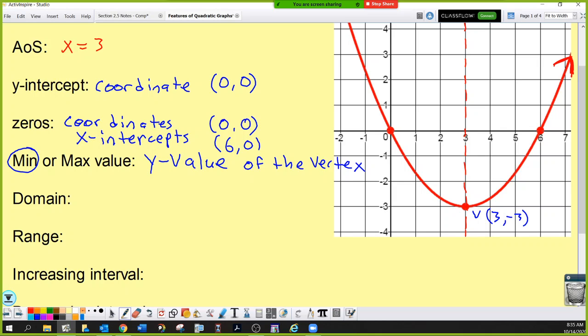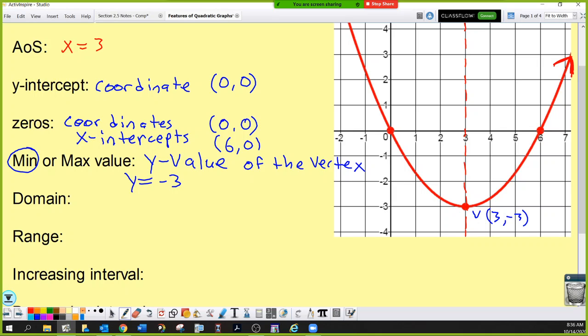It will always happen at the vertex, because the vertex is either the bottom of a quadratic, like you see here, or the top of a quadratic if it's one of the ones that points down. Cool with that idea? So a minimum is a bottom, a maximum is a top. This graph points up forever. It does not have a maximum. It does have a smallest value, a minimum. And that smallest y value is y equals -3, the y value of the vertex.